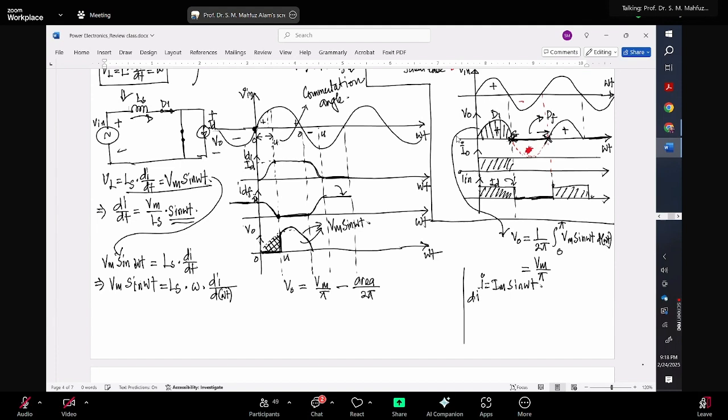Can you tell me what my di over dt should be? Im multiplied by omega multiplied by cos omega t, right? What should be my di over d omega t? It should be Im cos omega t, right? Yes, sir.